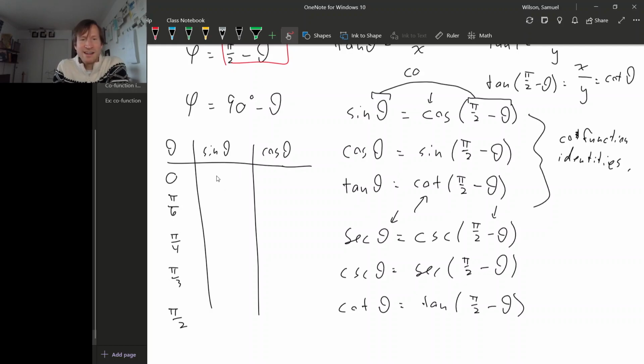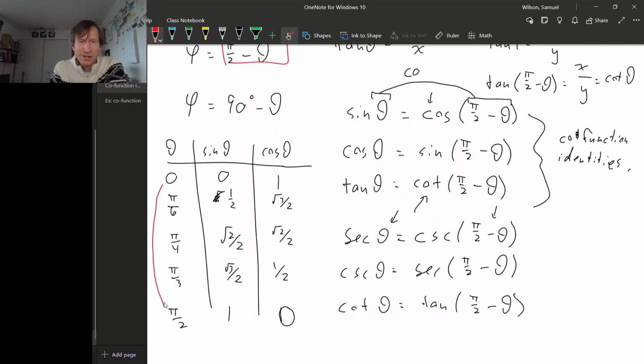And for sine, the values are 0, 1/2, root 2 over 2, root 3 over 2, and 1. And for cosine, it's 1, root 3 over 2, root 2 over 2, 1/2, and 0. And in this table, right, the complementary angles go like this. The angle complementary to 0 is pi over 2.